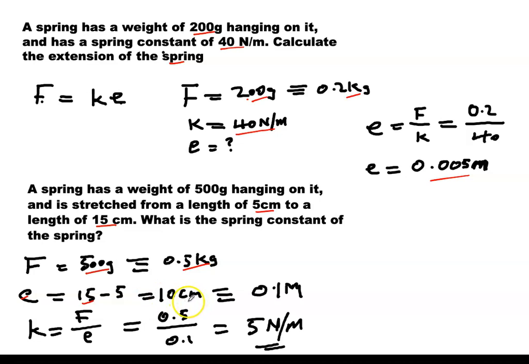Remember, centimeters is not the required SI unit for E, so we have to convert it to meters, and that comes out as 0.1 meters. So putting that in the equation, K equals F over E, we have 0.5 divided by 0.1, and that comes out as 5 newtons per meter.